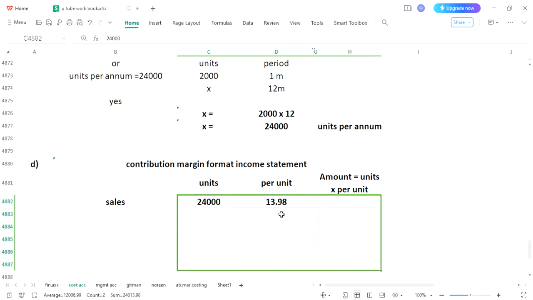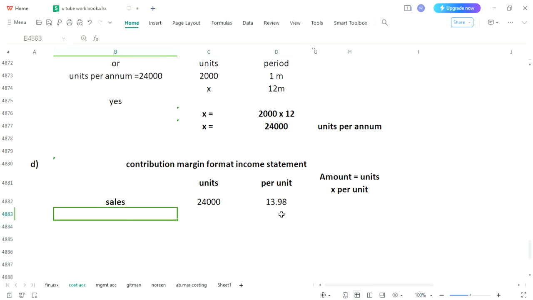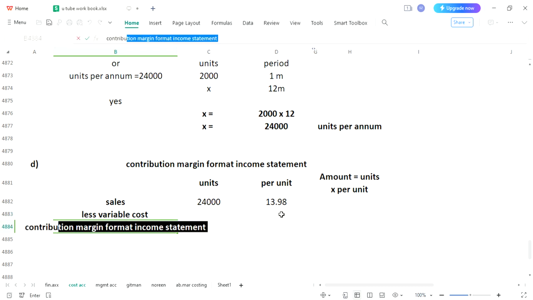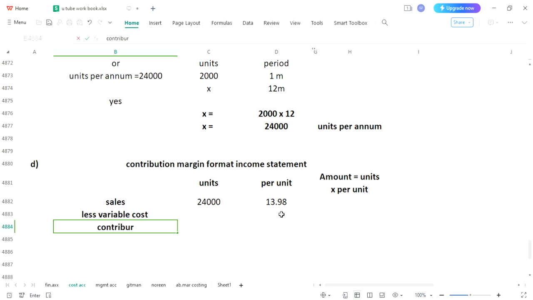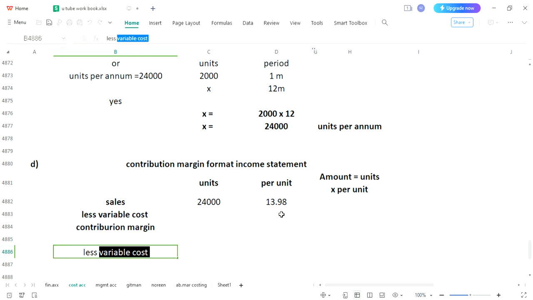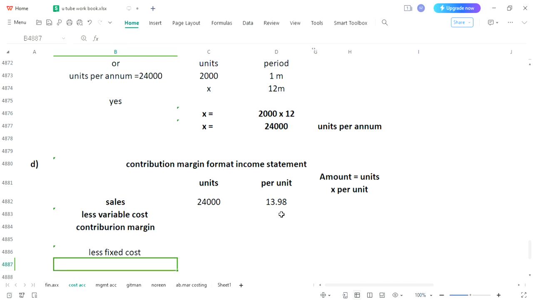Okay, the next step is to subtract less variable cost, with which you can get your contribution margin, and then you will subtract your fixed cost. You will get your net margin.